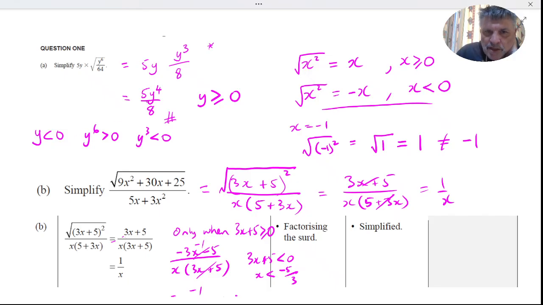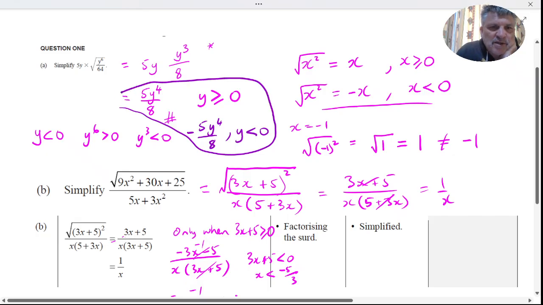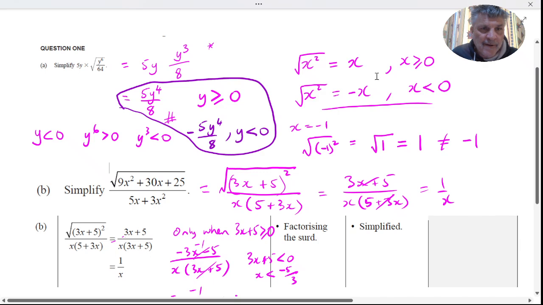So you really do need to be correct to have the negative of that for when y is less than 0. So you need both of these parts to have a correct solution, but I suspect that they're not going to do that in the examination marking.